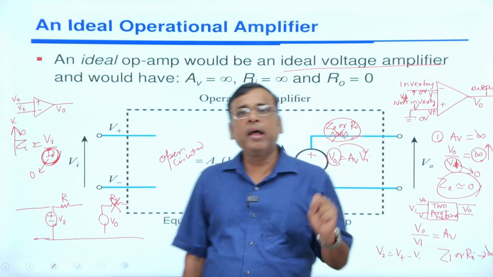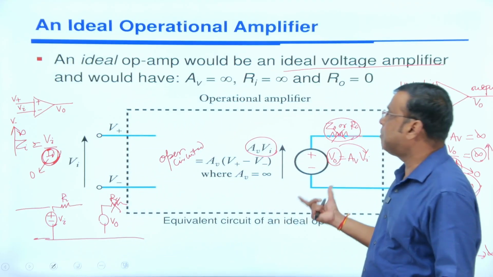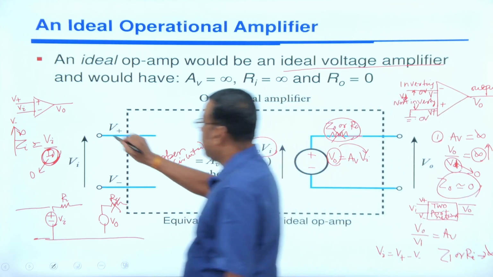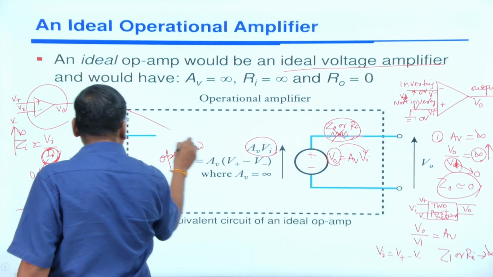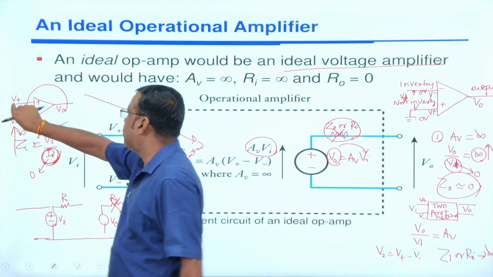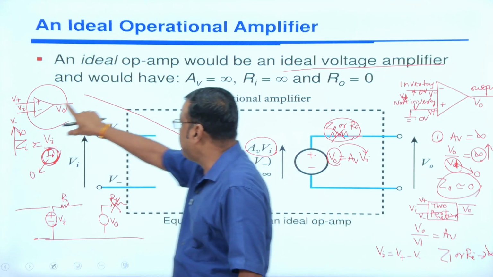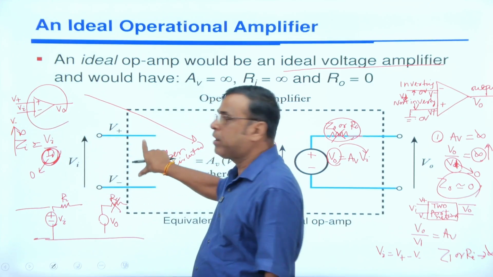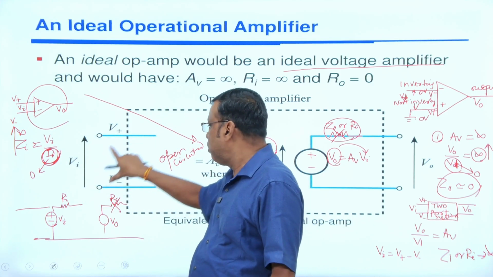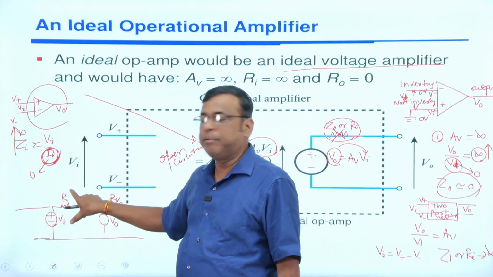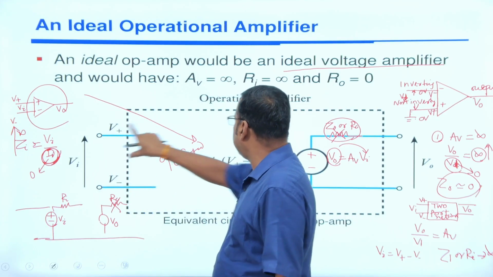So as far as the equivalent circuit of the operational amplifier is concerned, in place of this you will put this circuit. There is an input port and there is an output port. The input circuit is open circuited because the input impedance is infinite, very high, and the output impedance is 0.